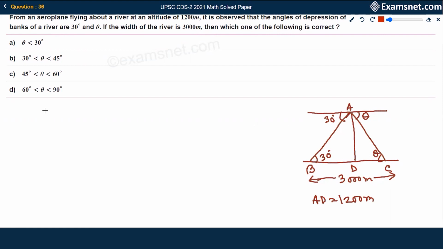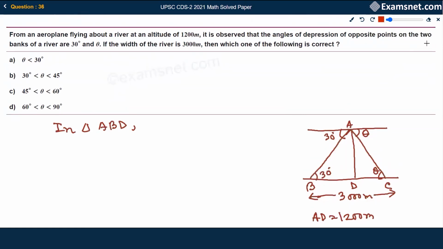So in triangle ABD, the angle of depression of one bank is 30 degree. Okay, so tan 30 degree is perpendicular by base, that is AD by BD. Tan 30 degree gives us 1 by root 3 equals 1200 by BD.